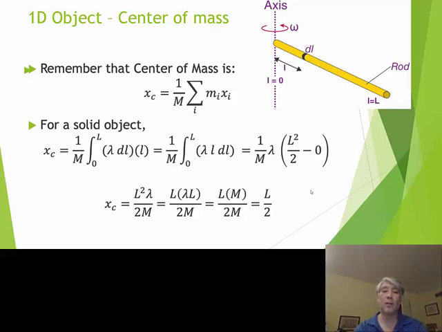So 1 over m, lambda, L squared over 2, do the substitution, and we find that the center of mass is nothing more than L over 2. For a uniform mass, that's exactly where you would expect it to be, the center of the rod.